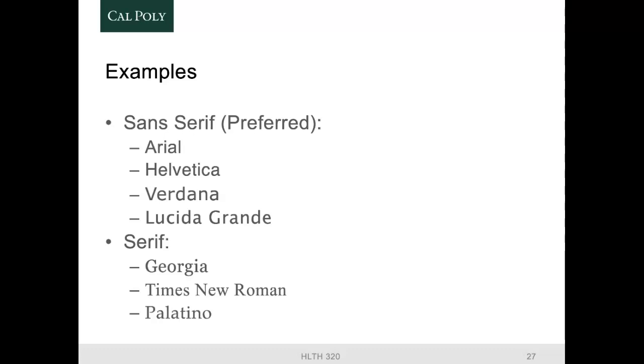Now, serif fonts are slightly different. The strokes actually extend out from the top and or bottom of the letter form. You can see for things like Georgia, Times New Roman, and Palatino, for example, this G here, the strokes extend out from the actual letters.